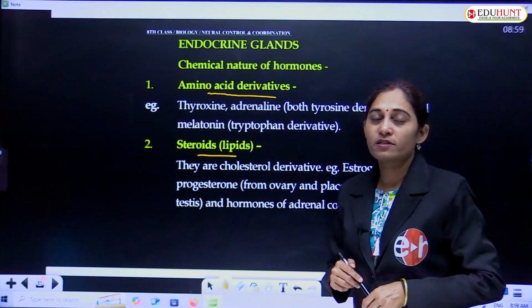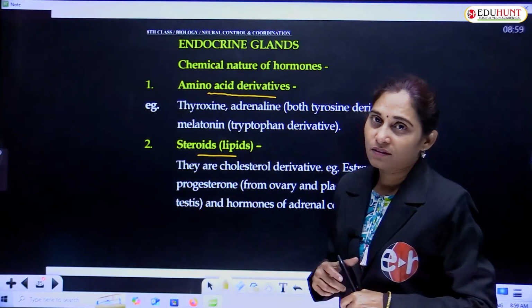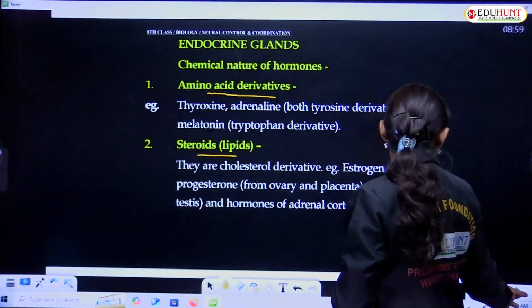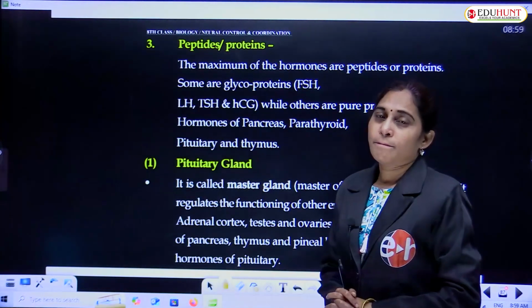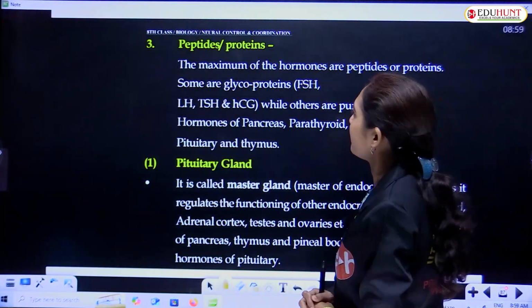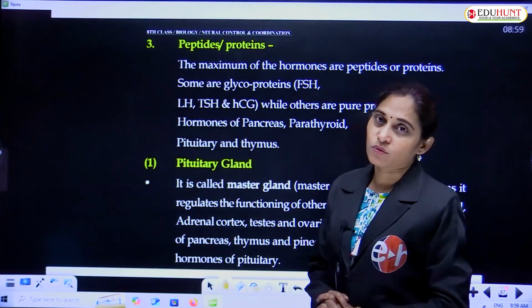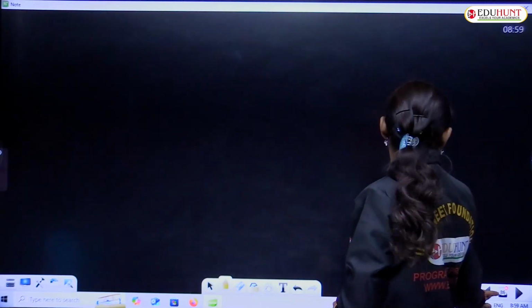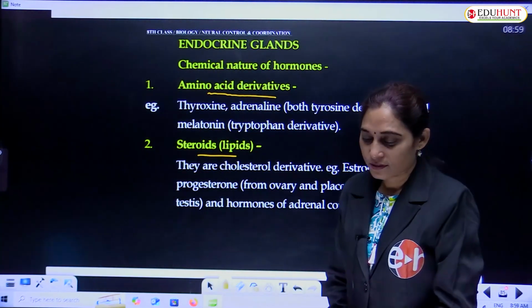Steroids are a kind of hormones where lipids are the major components. And next is peptides or proteins. Proteins are the major composition of the hormone. Let us see the first category, that is amino acid derivatives.